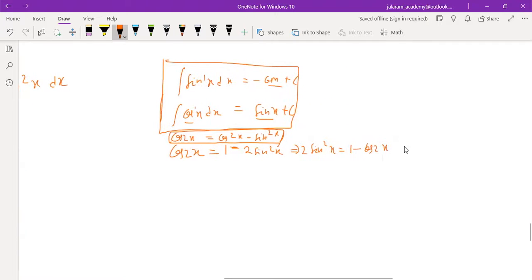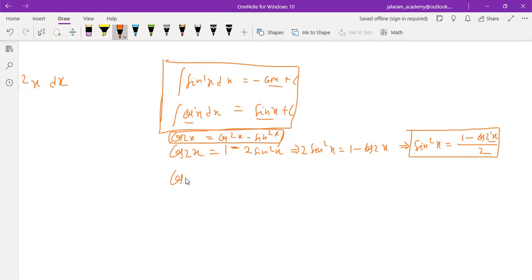And using this, sin square x is equal to 1 minus cos 2x over 2. So in this, the power of cos is 1 only, and the coefficient of x is 2. This is not the power, it is cos to the power 1, of 2x.